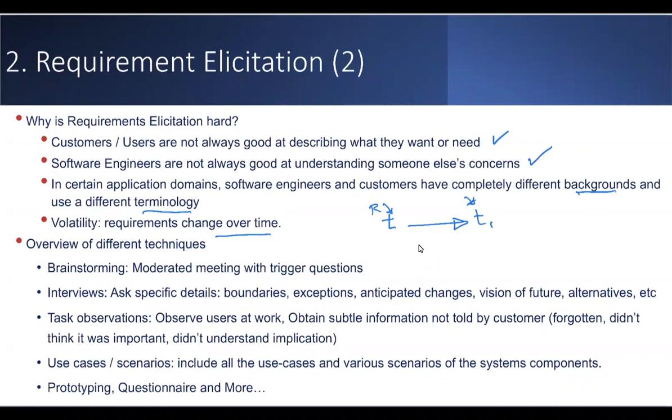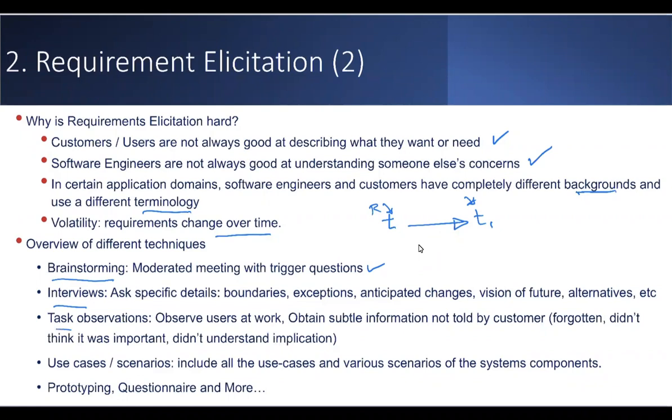Different techniques can be used for eliciting requirements, including brainstorming, in which we do a lot of meetings to trigger different questions. We can also do interviews in which we ask specific questions, in particular about the boundaries, exceptions, anticipated changes, vision of the future, and alternative solutions to the problem.